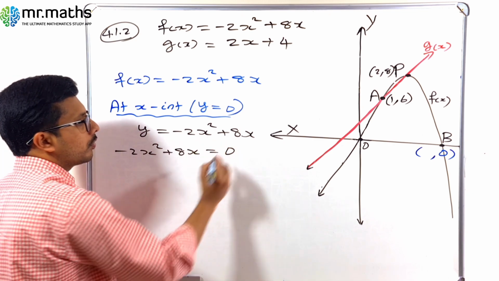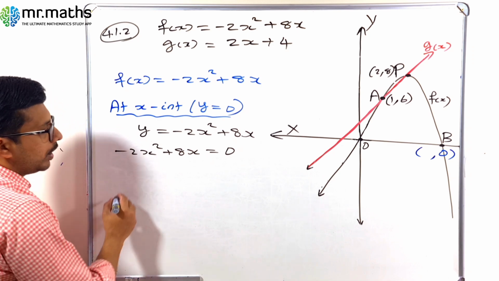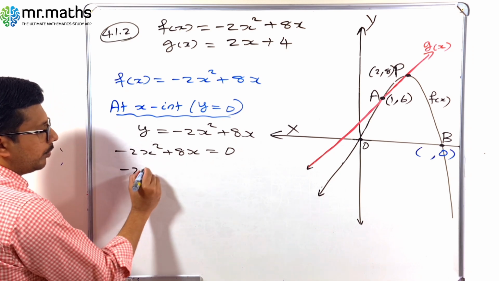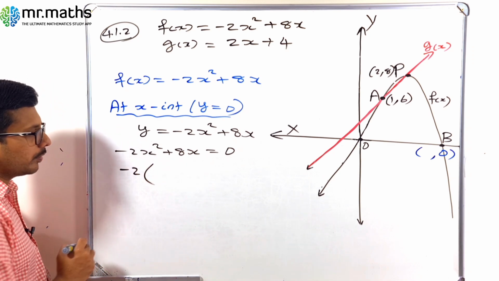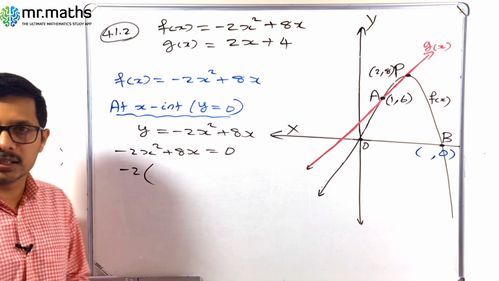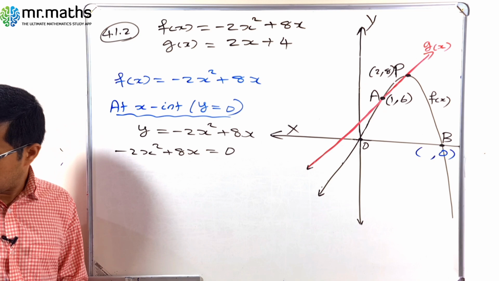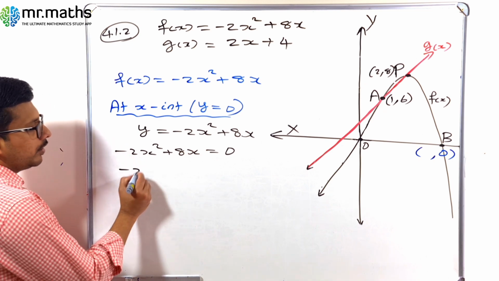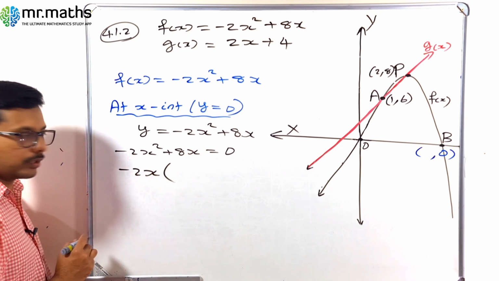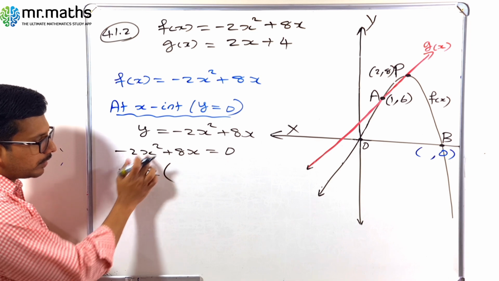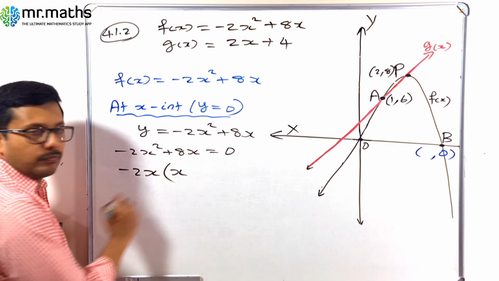Y is 0. Now take minus 2x as common factor. So minus 2x is the common factor, so remaining one more x.